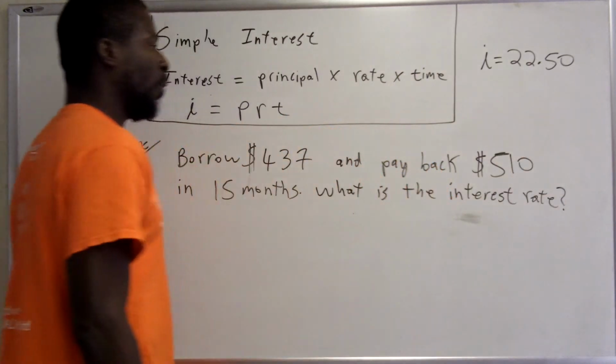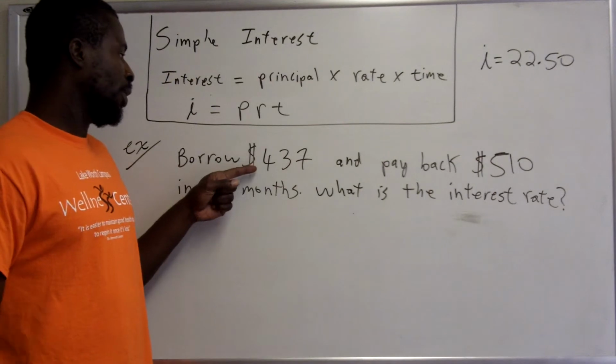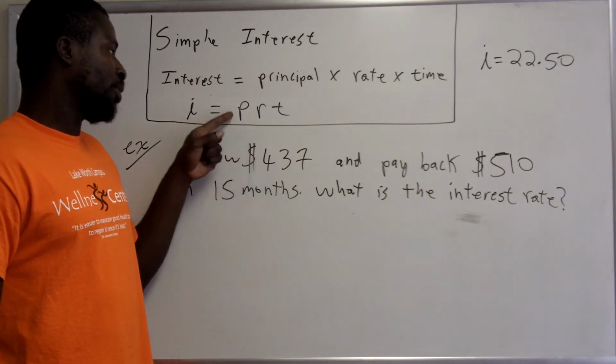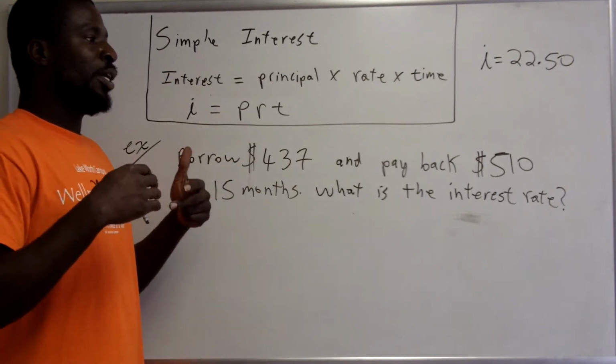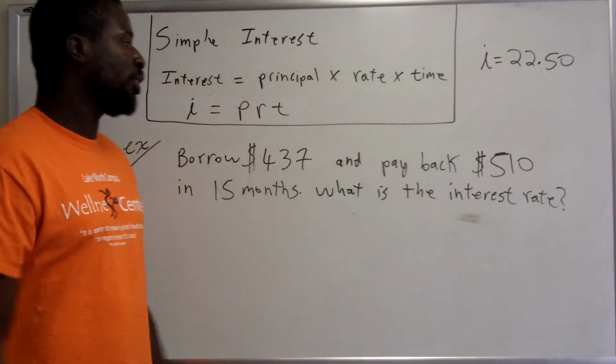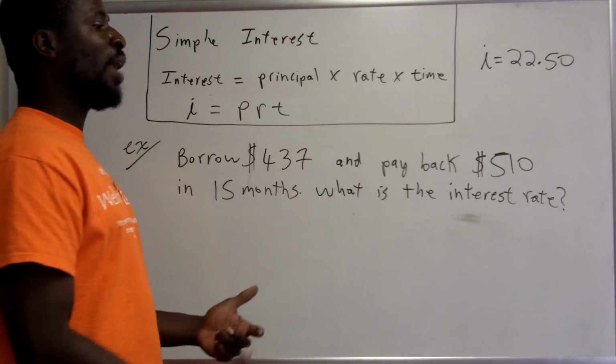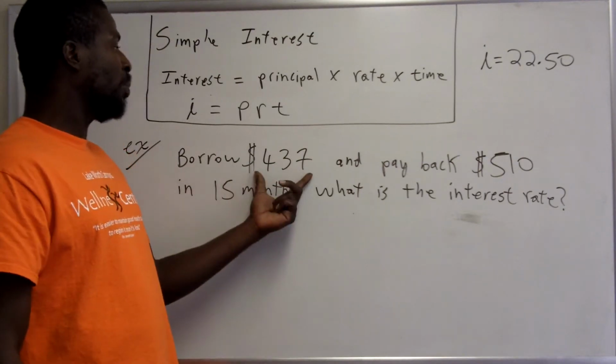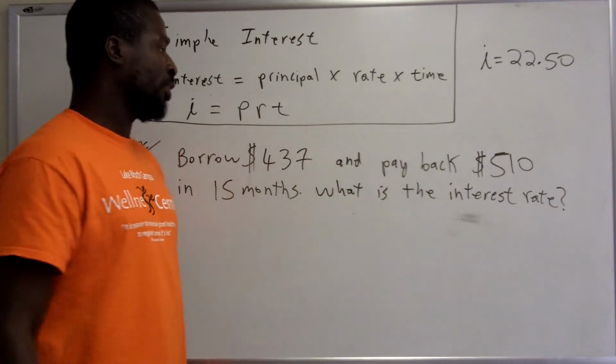Okay, so this is a different kind of question. I'm giving you the amount that you borrowed, which is the principal, and I'm also giving you the accumulated amount, the amount that you pay back at the end of the loan. So in order to figure out how much interest you're paying, well, they lent you this much money, but you gave them back that much money.